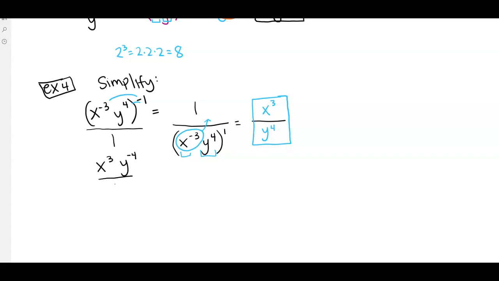And then at this point, you might still want to put a 1 underneath it because now this guy is unhappy upstairs and wants to go downstairs. So we still get that same thing, x to the 3rd over y to the 4th. Okay, so this is just another way you could have done it. Here's one way and here's another way. And either way is great. Okay, so hopefully you've picked one of those ways and we're able to get through there.